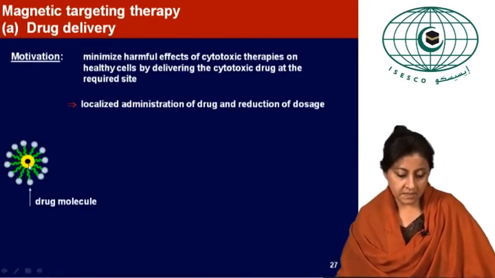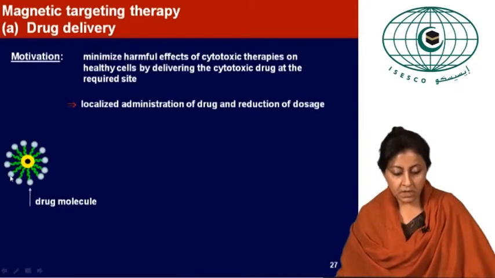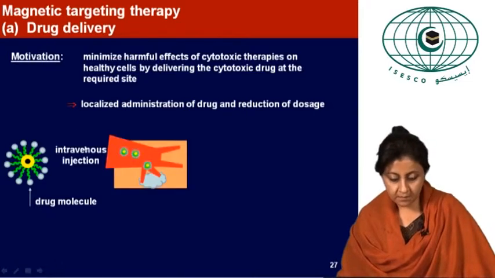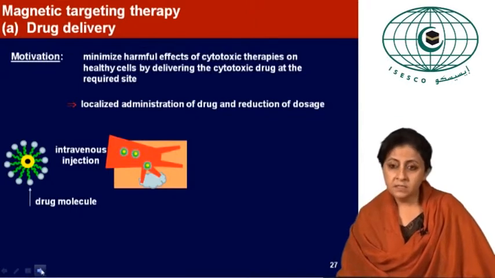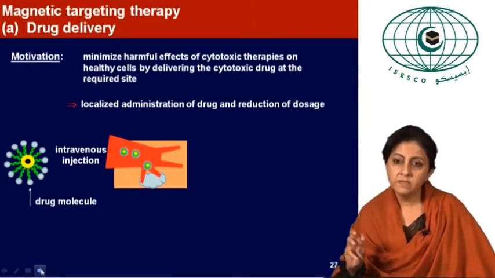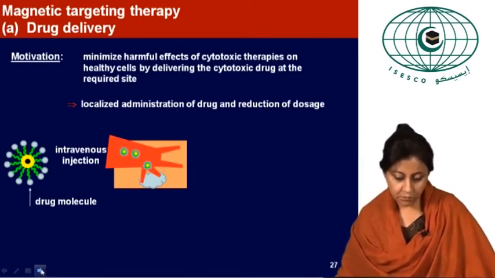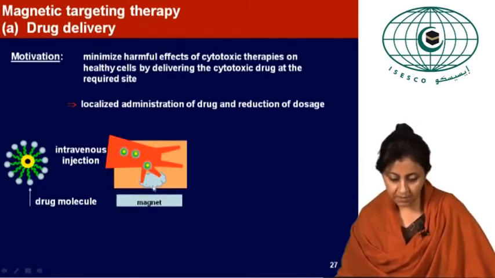So what you have here is a magnetic nanoparticle in black. It is then coated by suitable polymers, functionalized, so that we can attach these blue drug molecules to it. This is then injected into the artery by intravenous injection. This is an artery, or a blood vessel, which is supplying the area where we want to go, which may be a tumor, for example here.